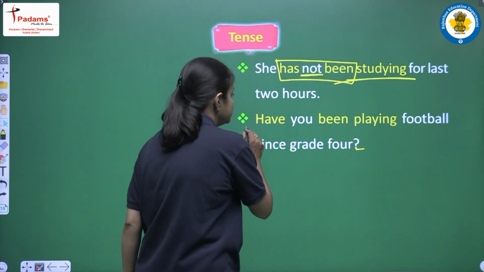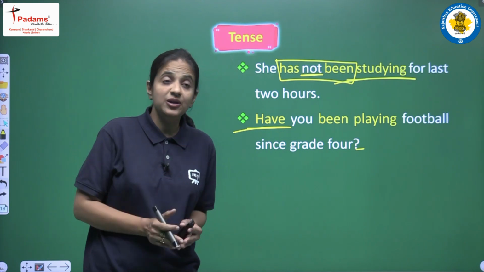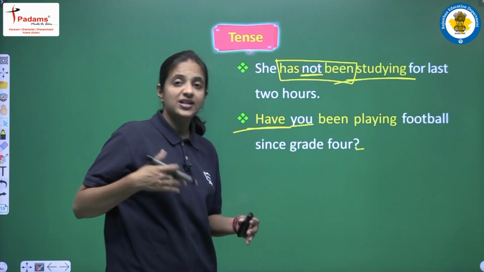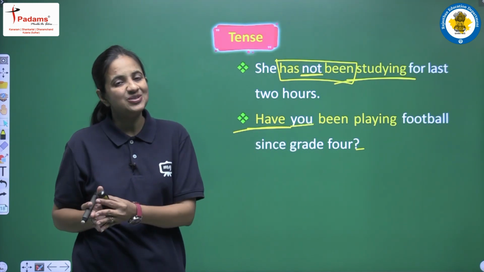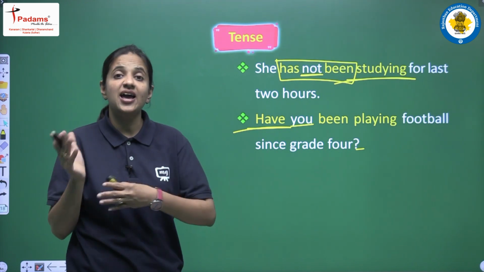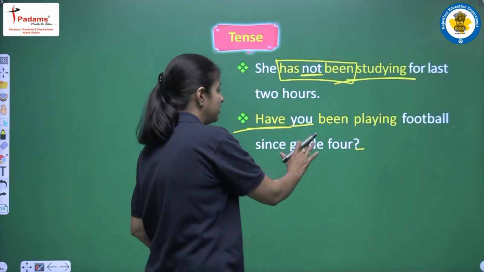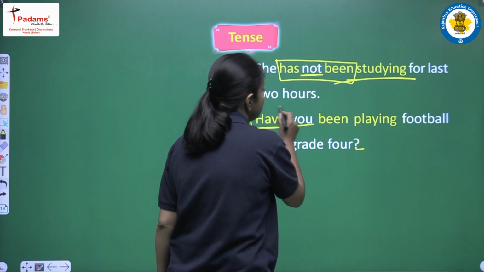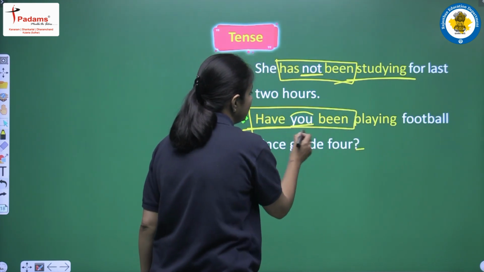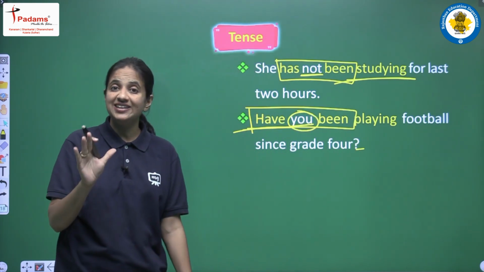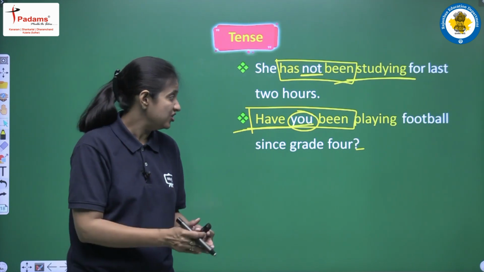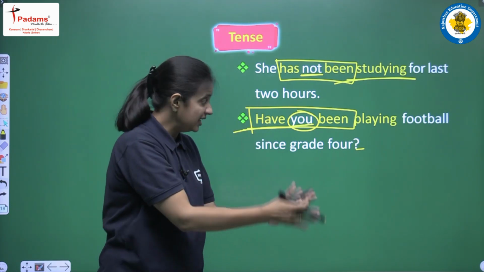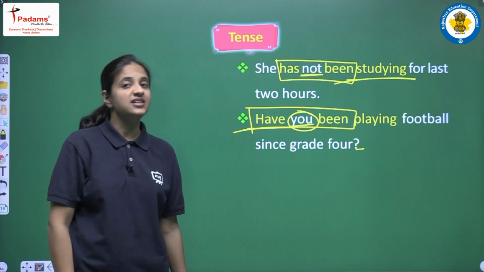So our sentence will start with the helping verb and we are having "you" as the subject. You is a plural subject, so we will use have been. Okay, लेकिन यहाँ पे हमें ये बात ध्यान में रखनी है कि have been के बीच में हमें subject लिखना है. Okay, so the structure will be: have you been playing football since grade 4.